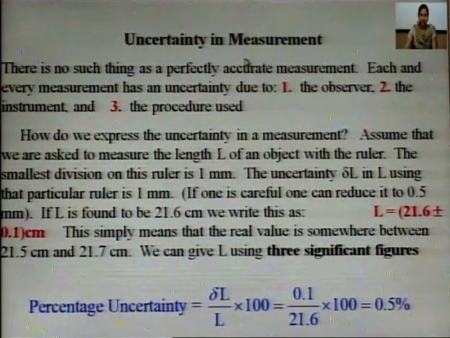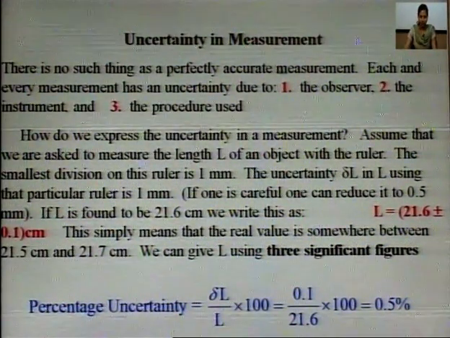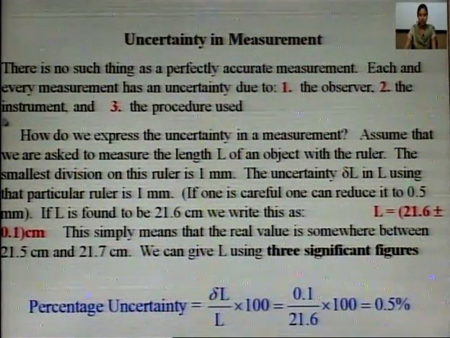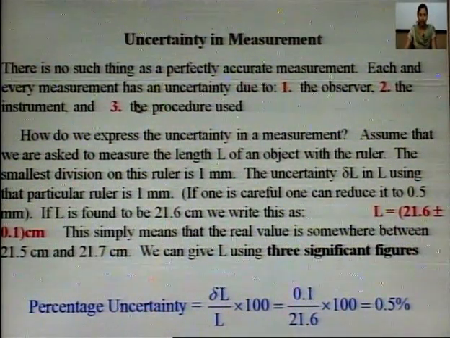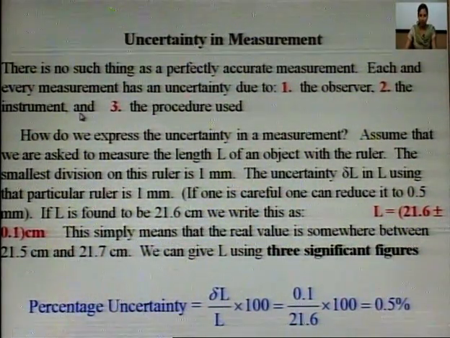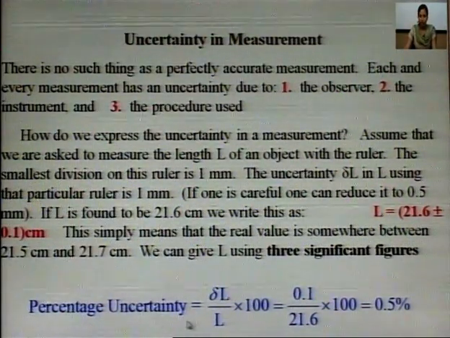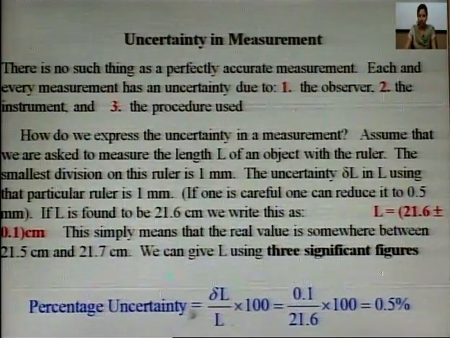Next is uncertainty in the measurement. There is no such thing as a perfectly accurate measurement. Each and every measurement has an error, may be due to the observer, the instrument or the procedure. So, we will take again some example based upon percentage uncertainty.